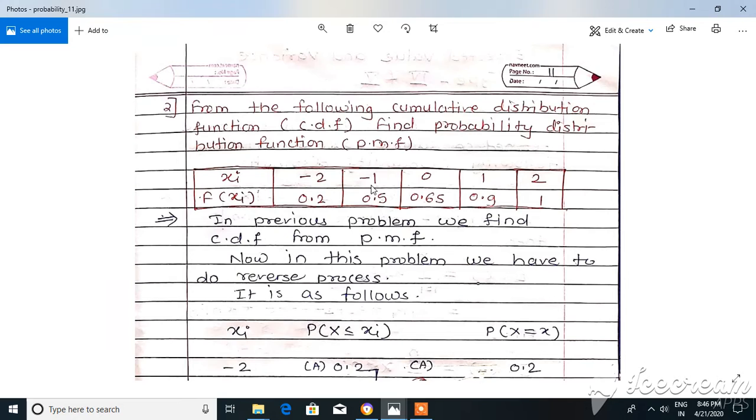When x equals minus 1, it's the probability of X less than or equal to minus 1, and its probability is 0.5, right? Here, the probability of X less than or equal to 0 is 0.65, and lastly it is 1. So finally I have 1 here.